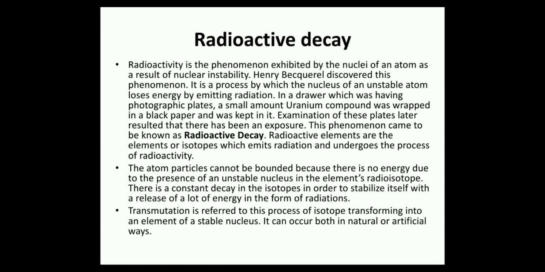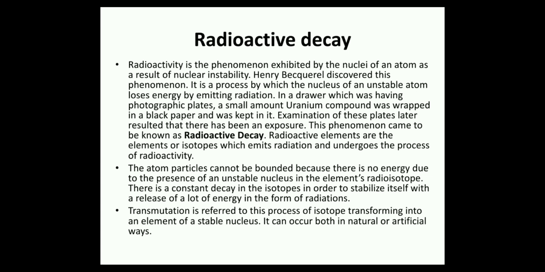The radioactive elements are the elements or isotopes which emit radiation and undergo the process of radioactivity. The atom's particles cannot be bound because there is no energy, due to the presence of an unstable nucleus in the element's radioisotope.